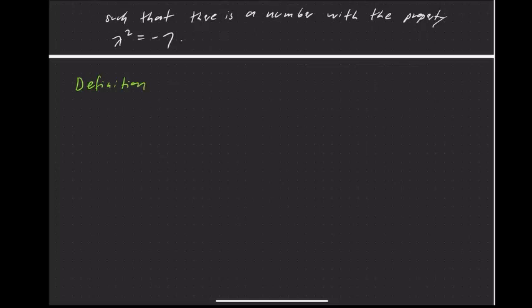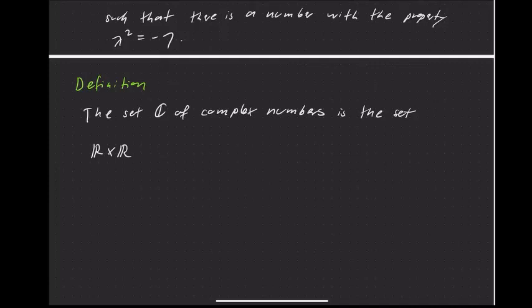So here's the definition. The set C, and we abbreviate that with a C for complex, of complex numbers is the set R times R together with the following operations.